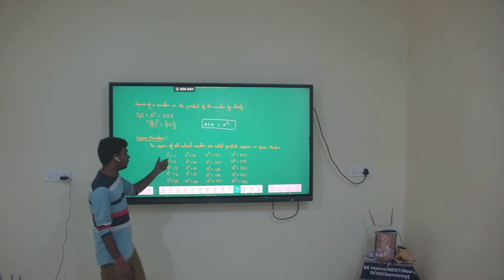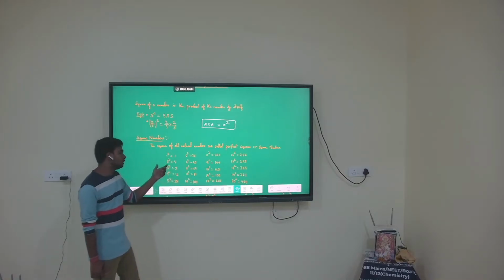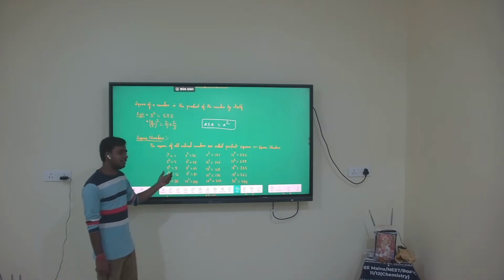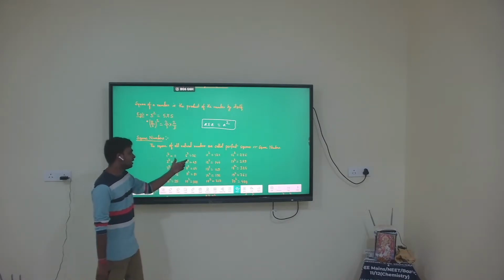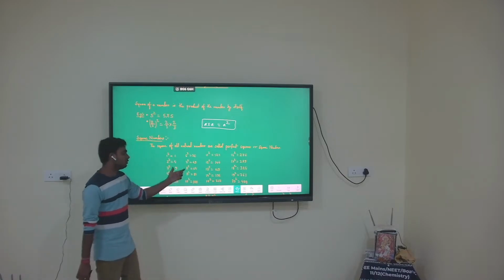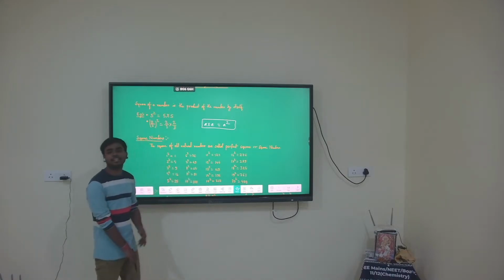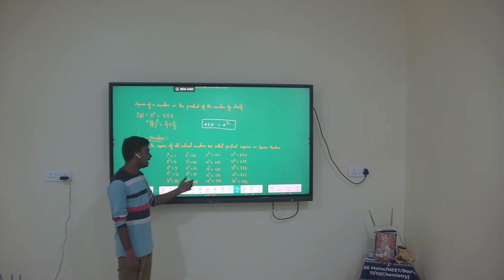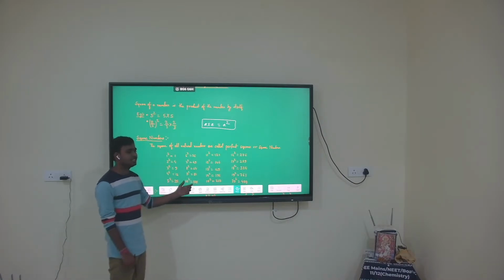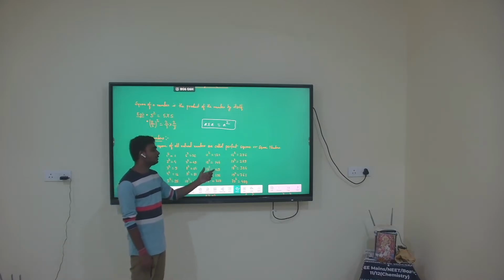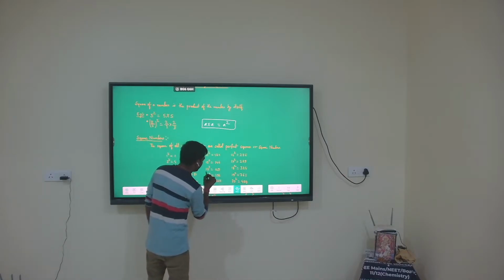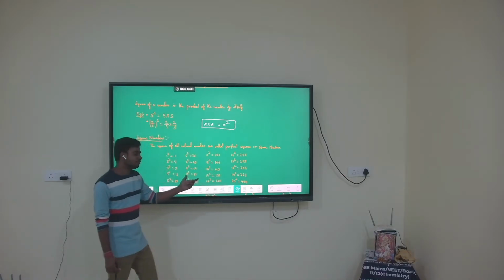So the square of 1 is 1, the square of 2 is 4, the square of 3 is 9, the square of 4 is 16, the square of 5 is 25, the square of 6 is 36, the square of 7 is 49, the square of 8 is 64, the square of 9 is 81, the square of 10 is 100, the square of 11 is 121, the square of 12 is 144. The square of 13 is important: the square of 13 is 169.